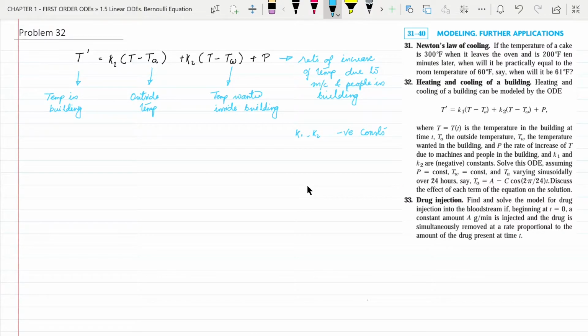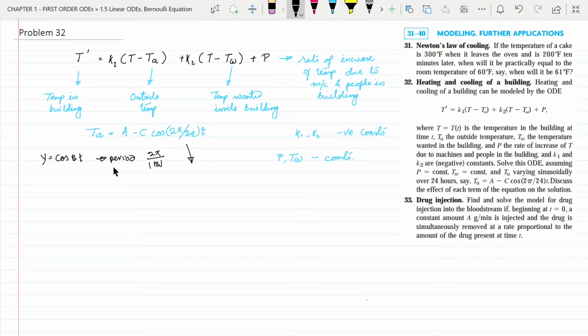Also, it has been given in the problem that P and T omega are constants, and TA has been given to be A minus C cos (2 pi by 24) t. In the question, it has been given that this function has a period of 24 hours. Let us verify that. We know that the function y equal to cos bt has a period of 2 pi by the absolute value of b.